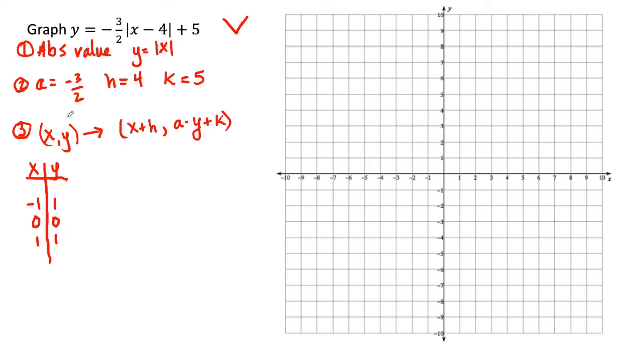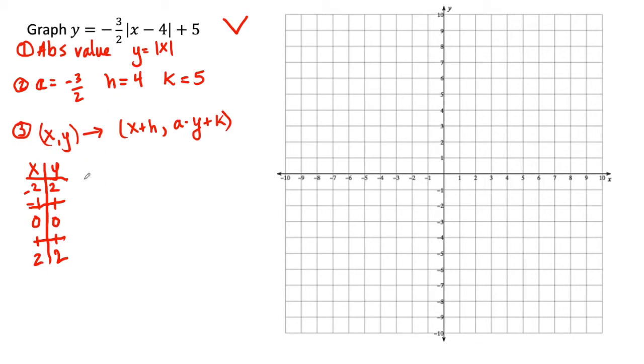Now, in the previous slide, I talked about thinking strategically. And since I have a fraction here, I'm actually going to use x values that will give me an output of an even number, so I can get rid of that fraction. So I'm actually going to say negative 2, 2 and positive 2, 2. I'm not going to worry about 1, 1 and negative 1, 1. Negative 2, 2 is still on this function, so is 2, 2.